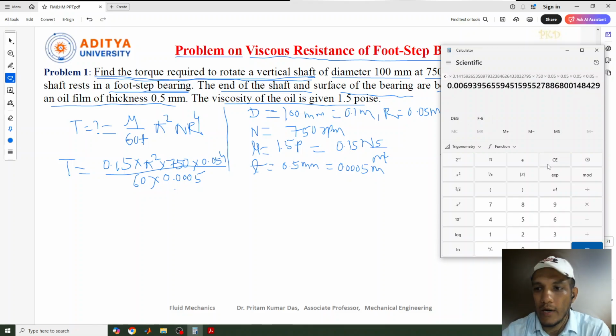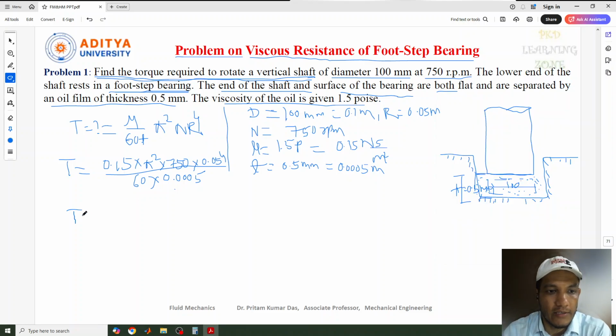This is the value we got, divided by 60, equal to this, again divided by 0.0005. Now see the value you are going to get: 0.2313. This is the torque required, so I can write torque equal to 0.2313 Newton meter. This is our final answer.